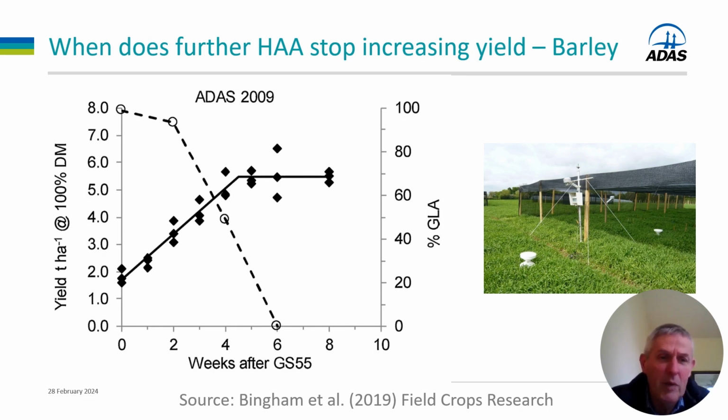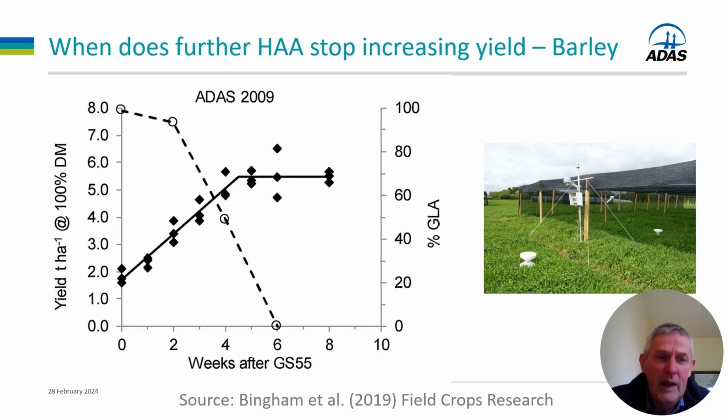So the solid black dots with the solid black line represent the yield data, and we can see if we start bottom left of that line, not surprisingly, if we shade the crop and reduce photosynthesis by 2/3 throughout the period after emergence, the yield is substantially reduced and we only got about 2 tonnes per hectare.